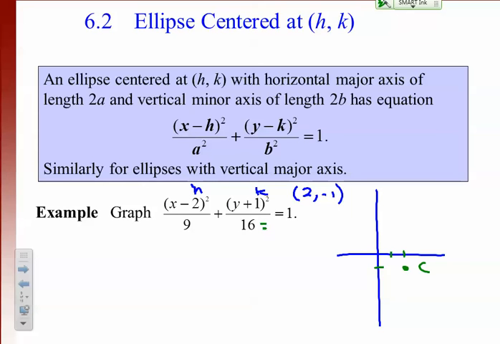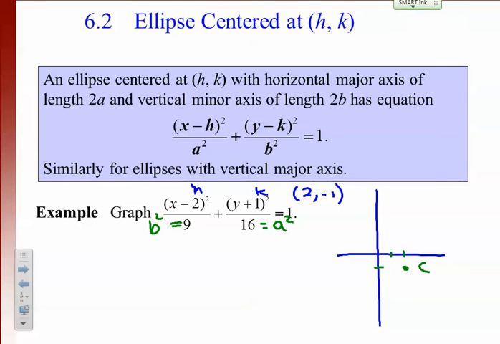What else do I know about this? I know that the bigger one is a squared. Before they've written it on the left, but this time they wrote it on the right, and it doesn't really matter. The bigger denominator, whichever one it is, that's going to be my a squared. It's underneath the y squared, so the vertical axis is going to be longer than the horizontal axis.